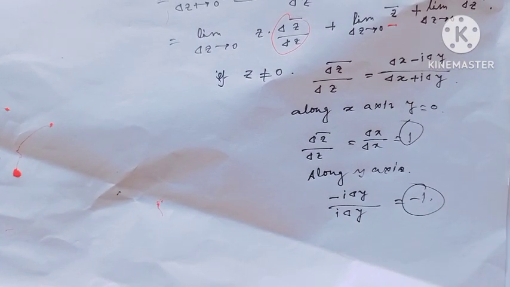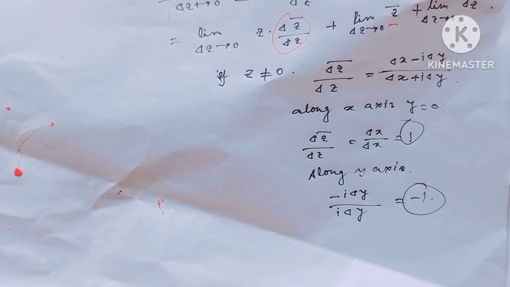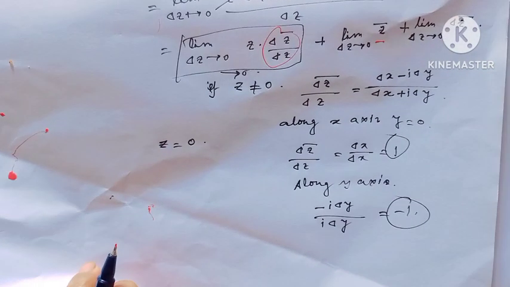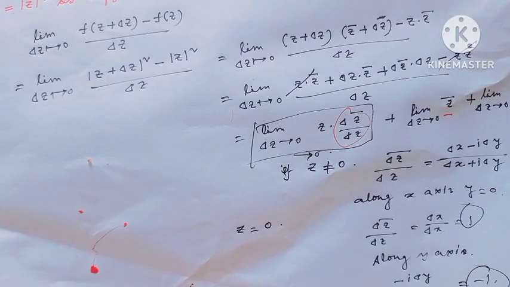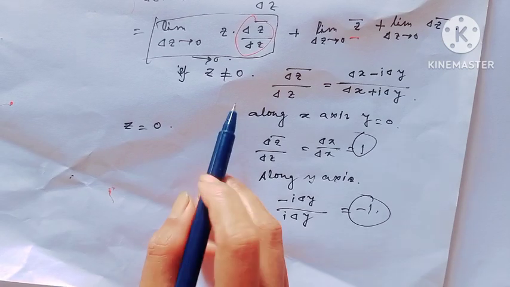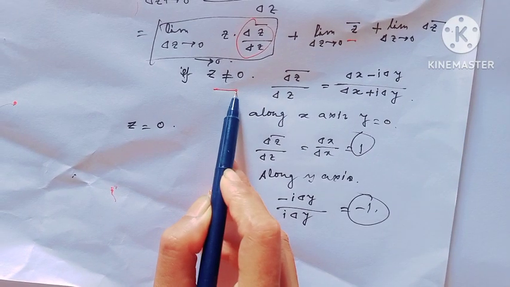Since for different approaches of delta z the limiting value is different, the function mod z square is not differentiable when z is not equal to 0.